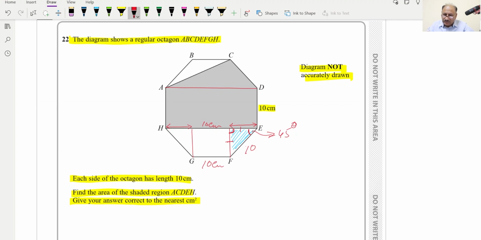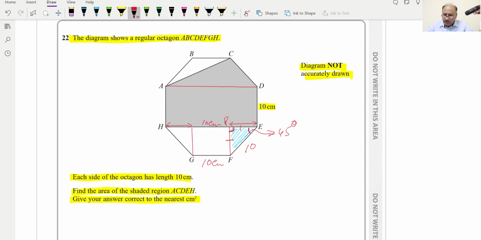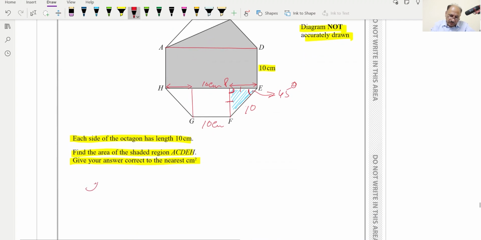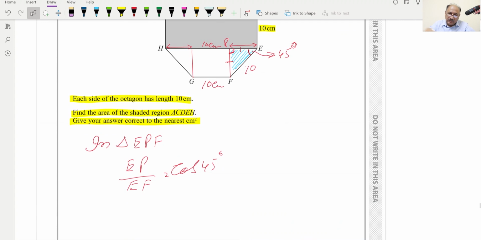So in this triangle EFP, we can write EP over EF will be equal to cos of 45 degrees, and we can calculate this.